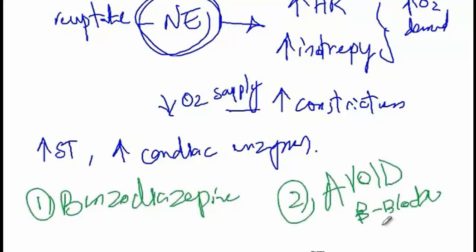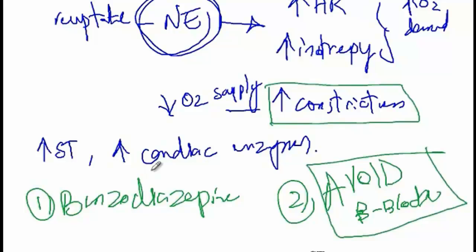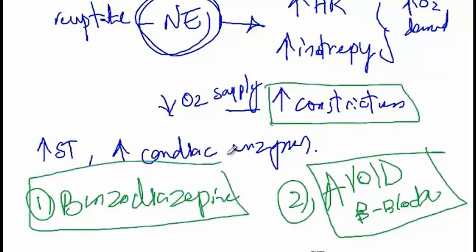If you give them beta blockers, there would be more norepinephrine acting on the alpha receptors, and thus there would be increased vasoconstriction, and it will worsen the MI.